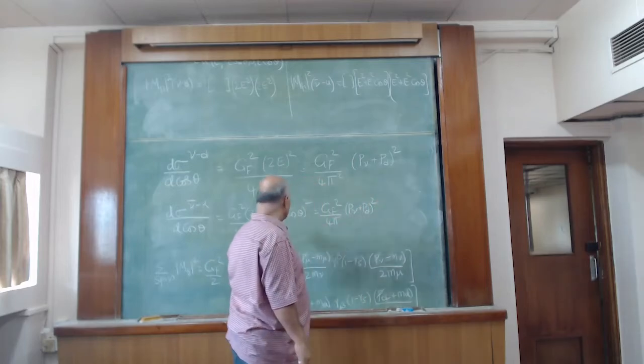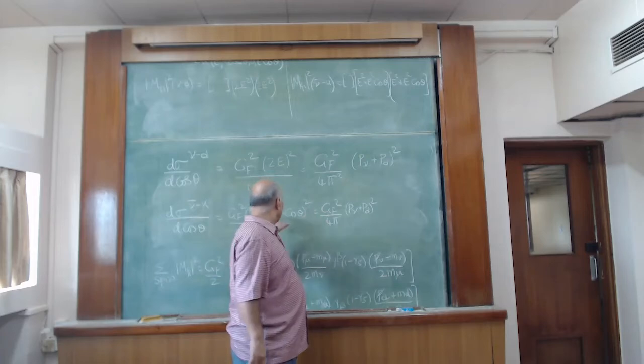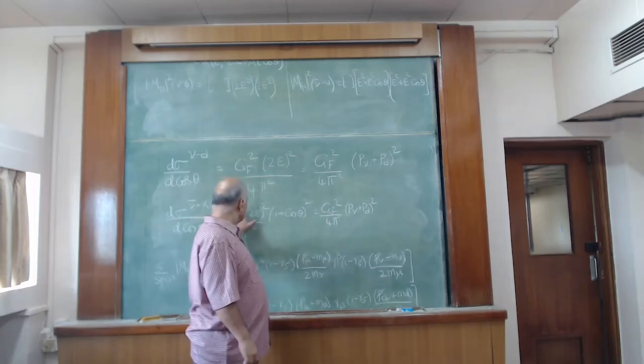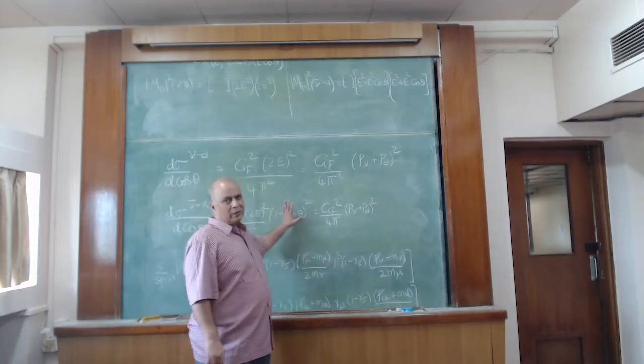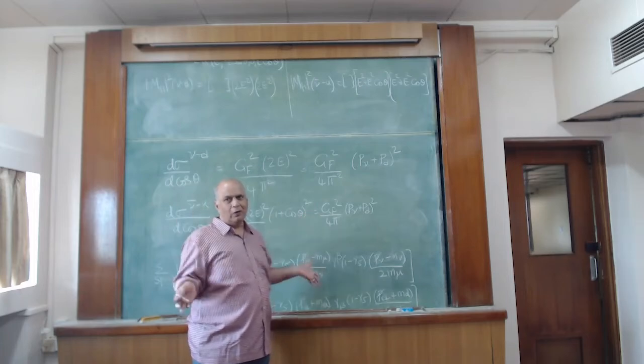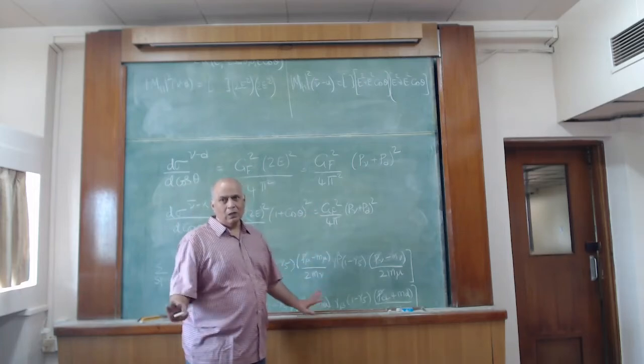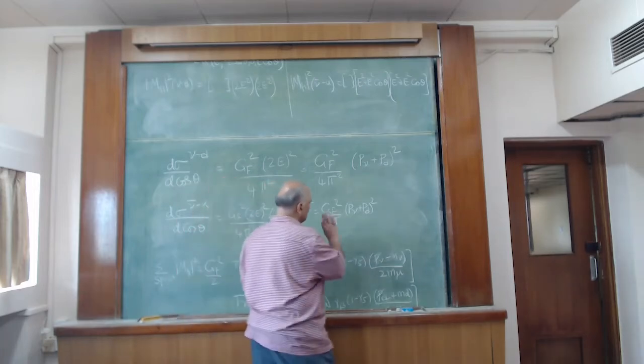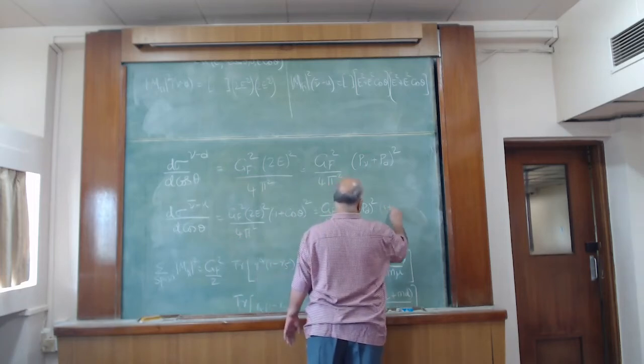Strictly speaking, of course, I should write this 2e square (1 plus cos theta) whole square in Lorentz invariant form, but I'll just put this.